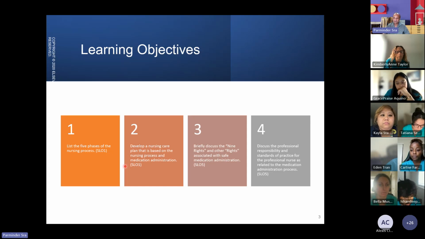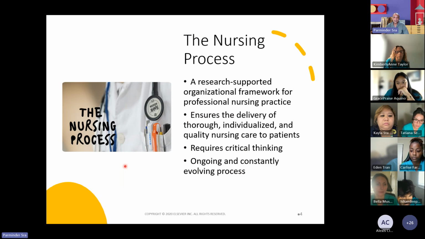Okay. So first of all, nursing process. Now, nursing process, what is that? The nursing process is a systematic, patient-centered framework. It's always patient-centered: what are the patient's needs? This framework is used by nurses to provide effective and individualized care.